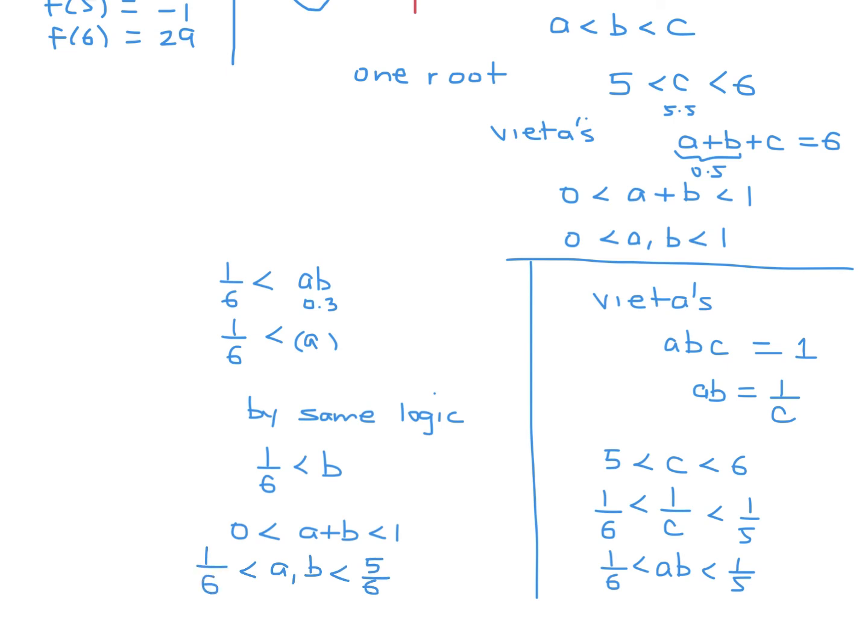So, for example, let's say A was 0.2. Then B plus A, since they're less than 1, B, the maximum it can be is 0.8. So if it's 0.2, the maximum it can be is 0.8. It would actually have to be less than that because it's less than.